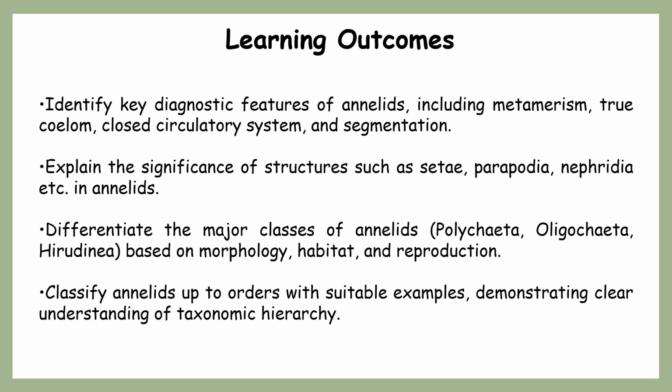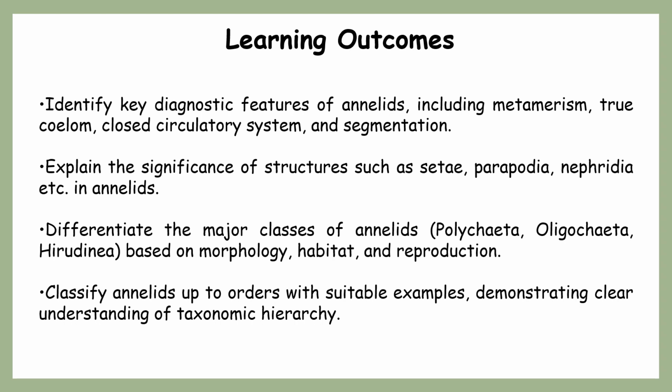After studying this topic, you will be able to identify the key characteristic features of annelids, including metamerism, true coelom, closed circulatory system and segmentation, etc. You will be able to explain the significance of structures such as setae, parapodia, nephridia, etc. in annelids.